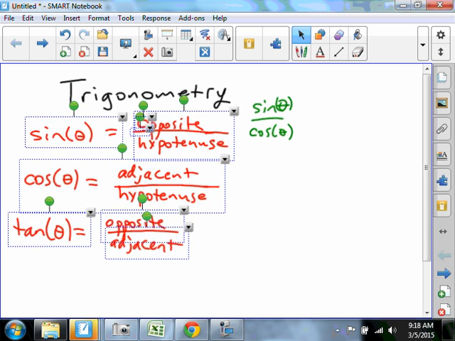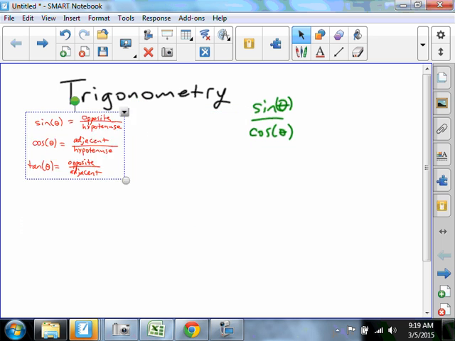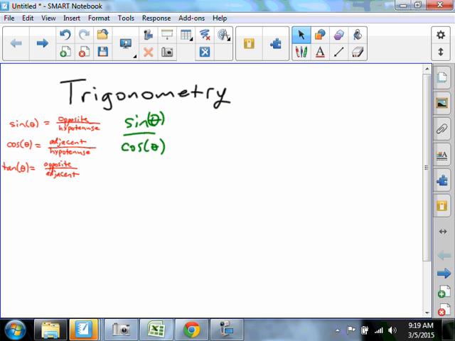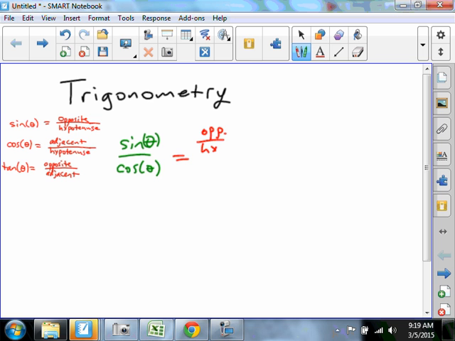And I'm going to shrink this stuff and get it out of the way, so I could do this a little bit bigger. What if we did the sine divided by the cosine? Now, making a few substitutions, and I'm going to abbreviate. The sine is opposite over hypotenuse, right? And the cosine is adjacent over hypotenuse, right?